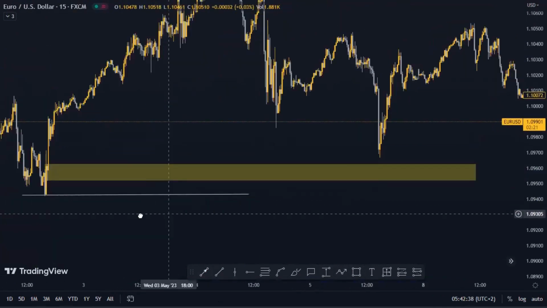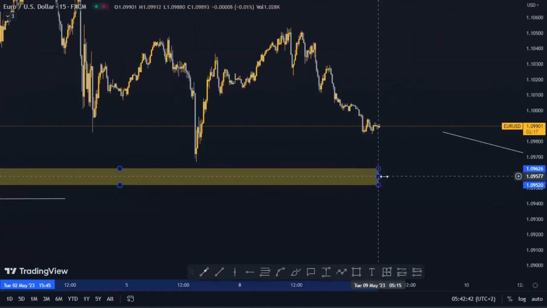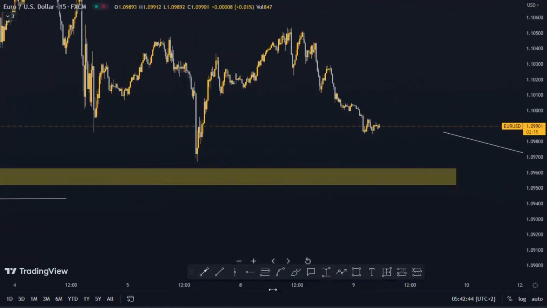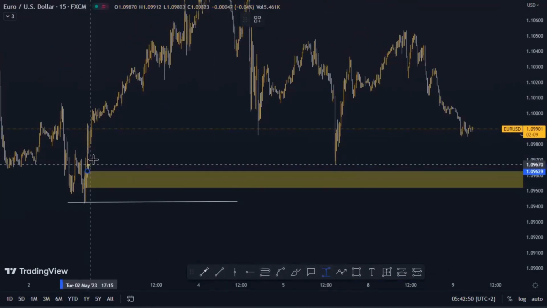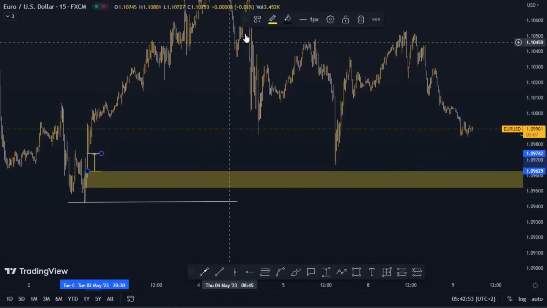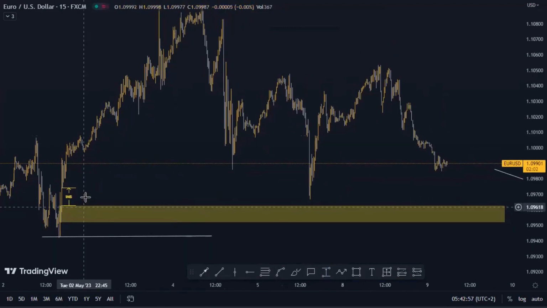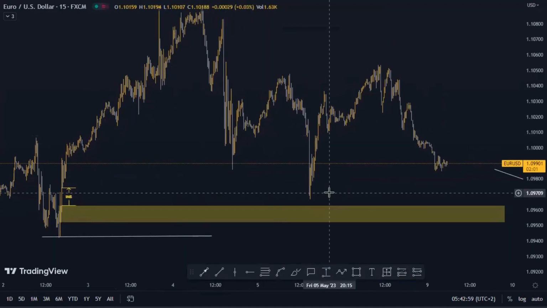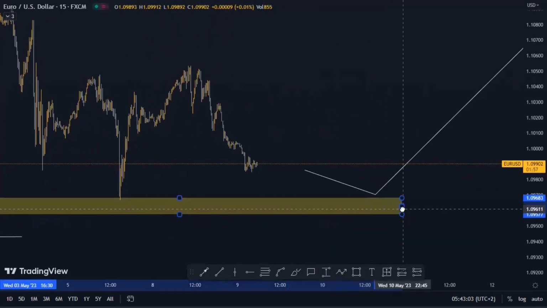There we go. So that's what we have on EUR/USD for this coming week. There's also some imbalance here that we have to look at. The first reaction here was due to the imbalance, so I'm expecting a further push to the downside.